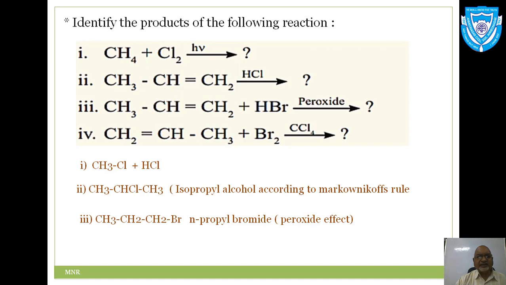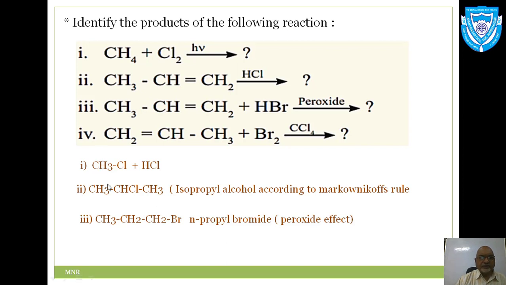So in this case it will go to CH, that is the second carbon atom here, and that's why we'll get CH3, CHCl, CH3, that is not isopropyl alcohol, but we'll get isopropyl chloride.